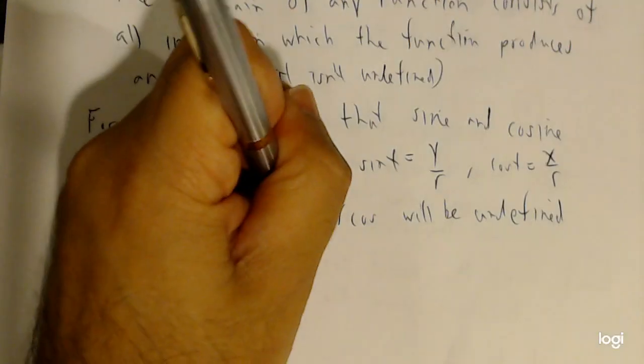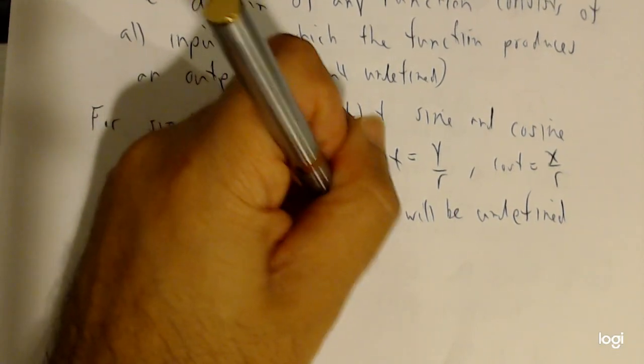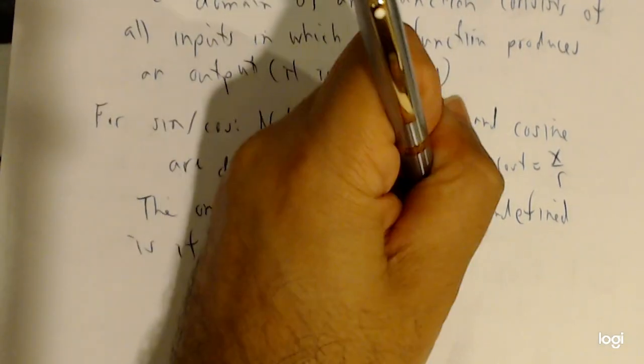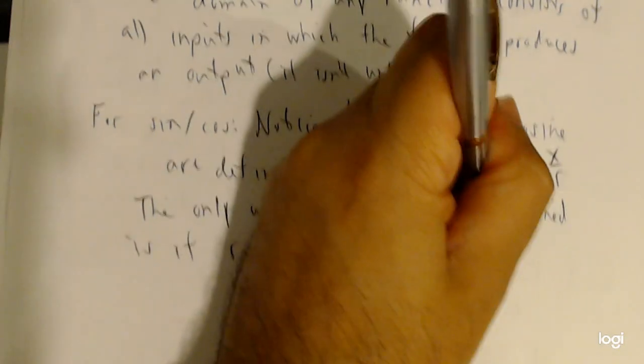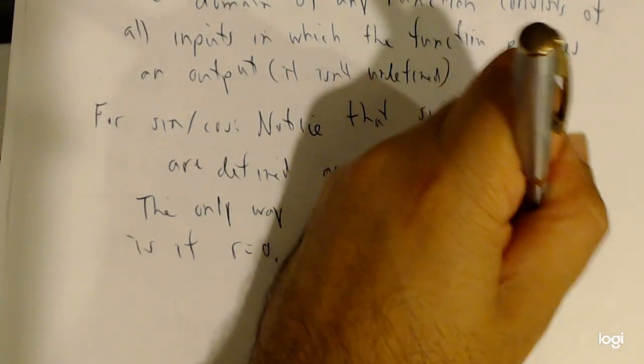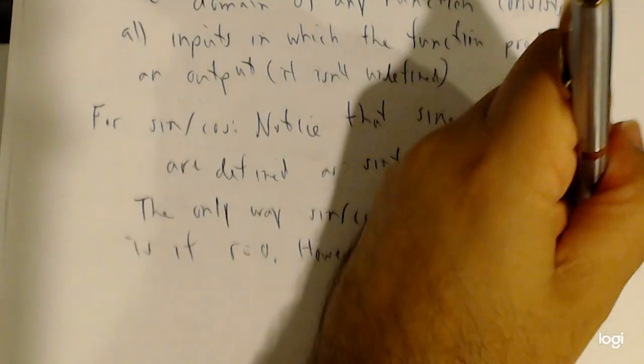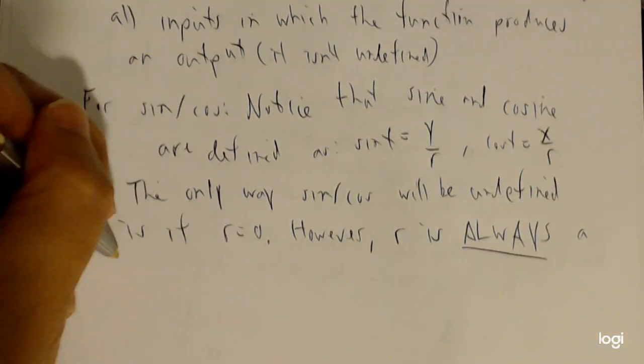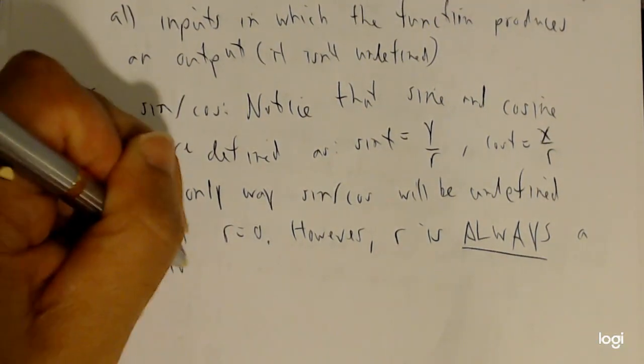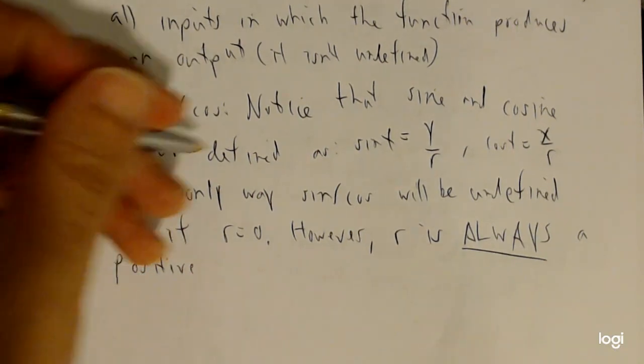But what is it that we know? However, r is always a positive number.